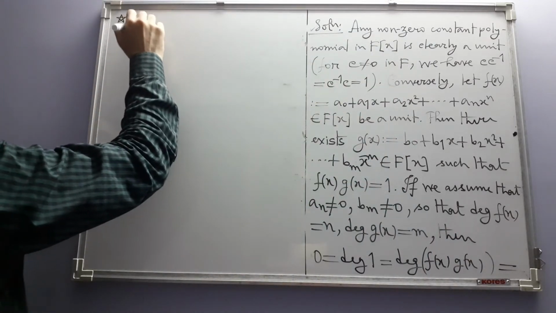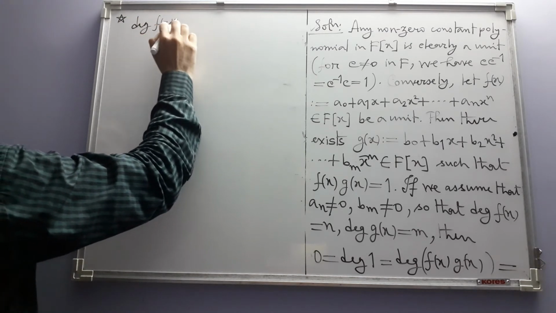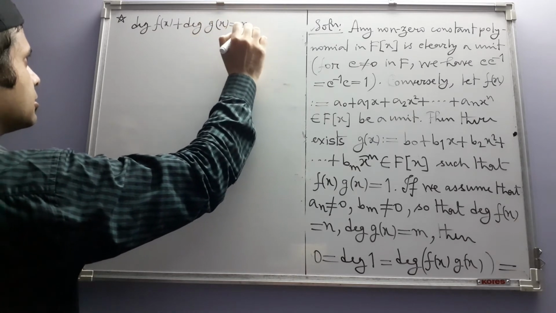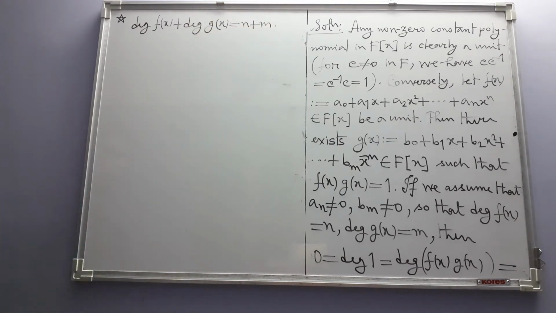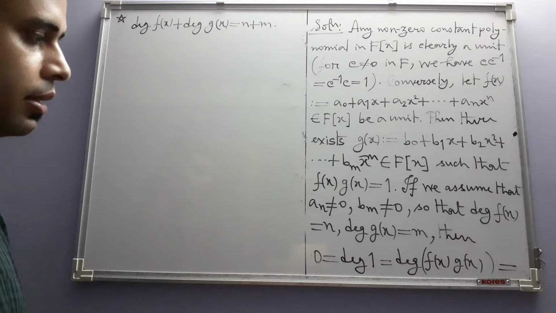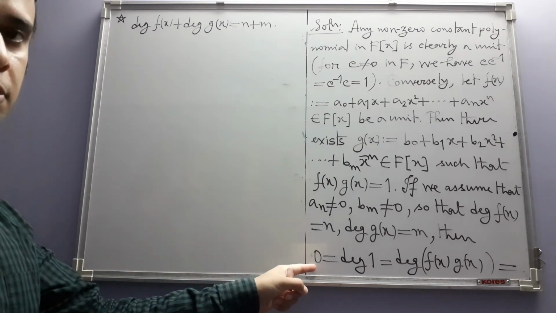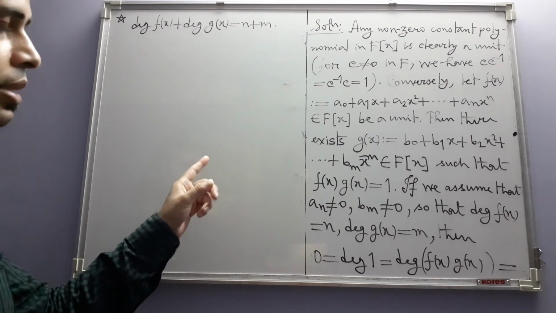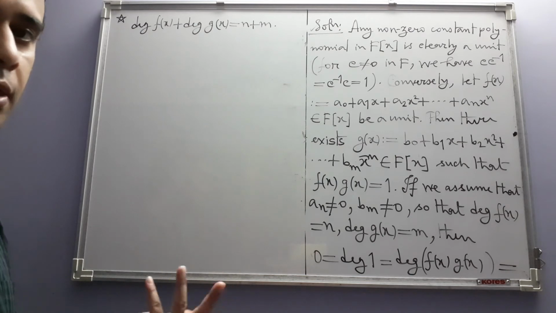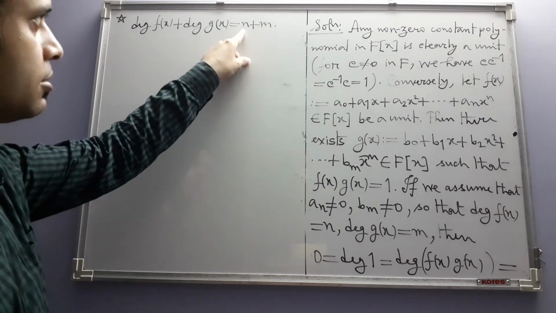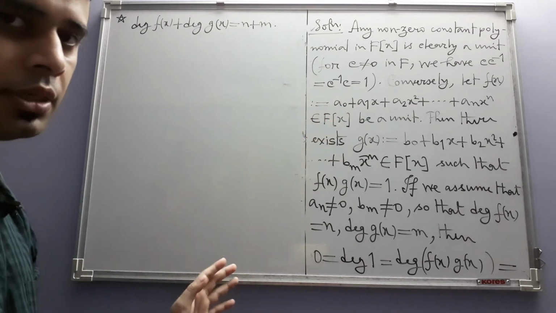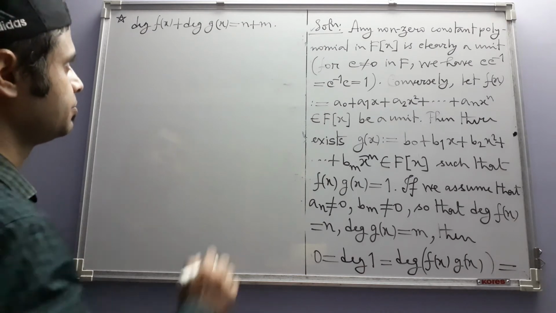Then this is equal to degree of f(x) plus degree of g(x), and that is equal to n plus m. Now, as degrees, n and m are non-negative integers and their sum is equal to 0. So the only choice is that both of them are equal to 0. If any one of them is positive, then the sum can never be equal to 0, because there is no question of having any negative and cancelling it with a positive to give you 0. That provision is not there.